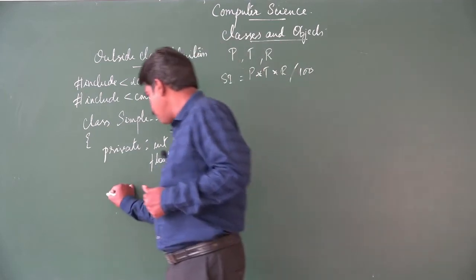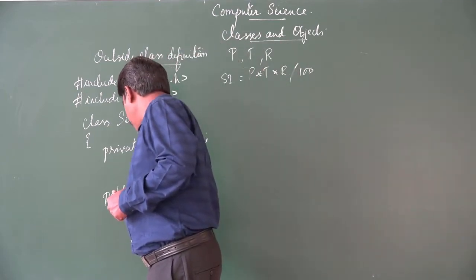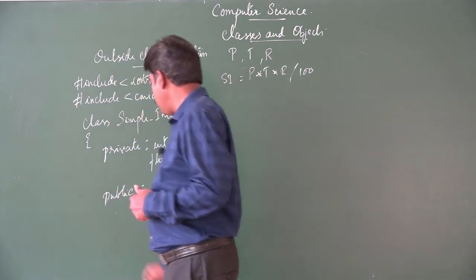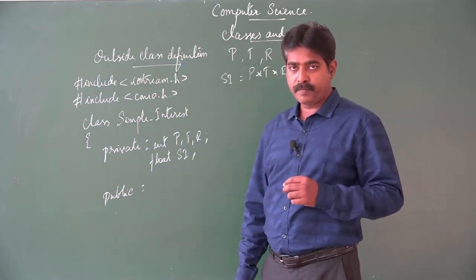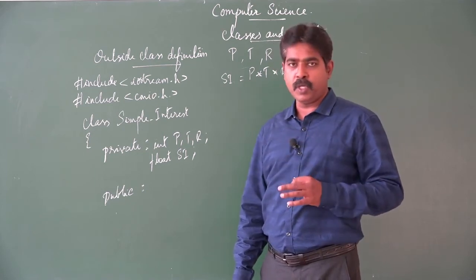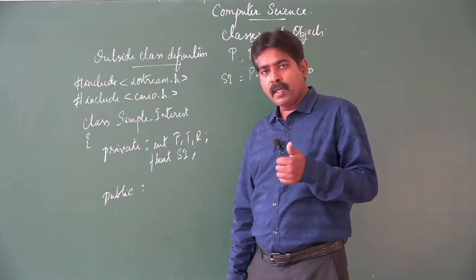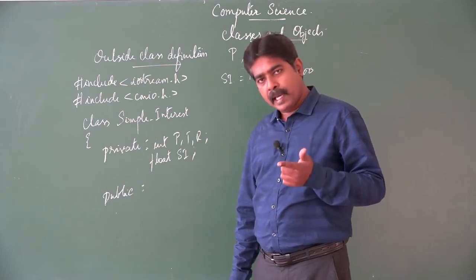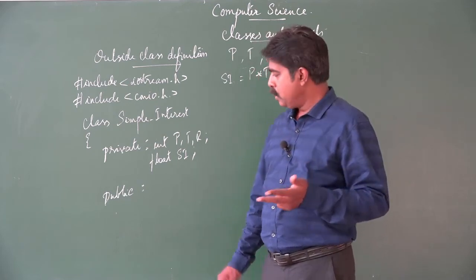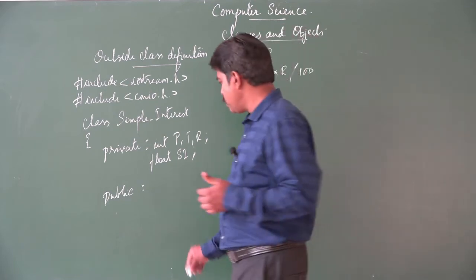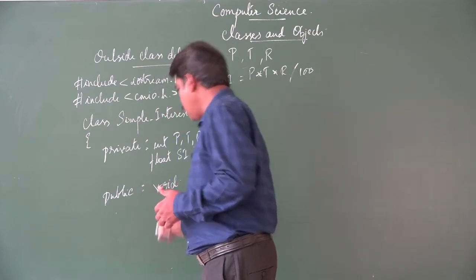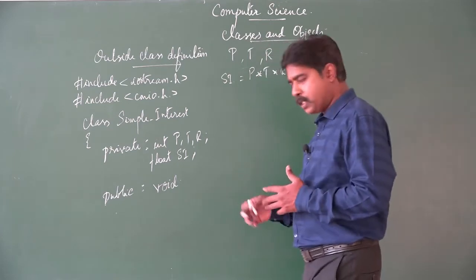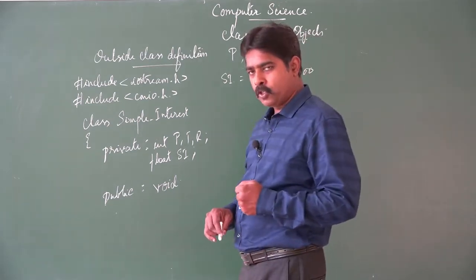And then public, here we are going to declare the member functions. So the three member functions we had were void get data, void calculate, and void output. Here we are going to write the declaration of the member functions, and we are going to write the definition outside the class using the scope resolution operator.